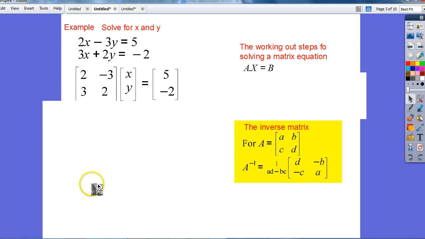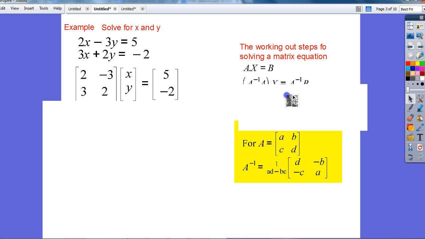So set it up as a matrix equation. There's our coefficient matrix, there's our unknown matrix, there's our column matrix. And that's what it looks like. Let's go through the steps on how we can rearrange this equation and solve for x.